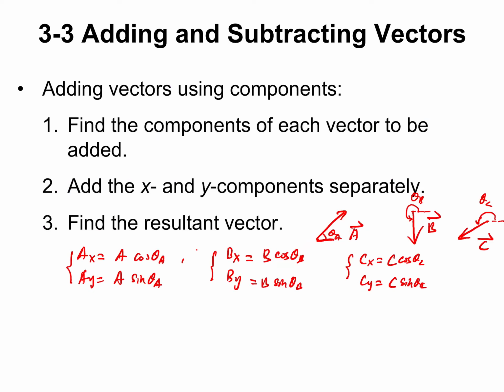So you first use components to describe them. And I want you to figure out what R equals, A plus B plus C. Then what you do is add all the X components together. The result is your resultant vector's X component.